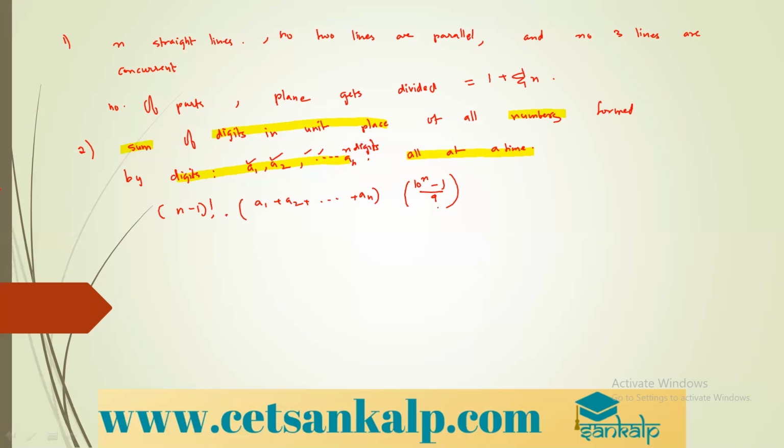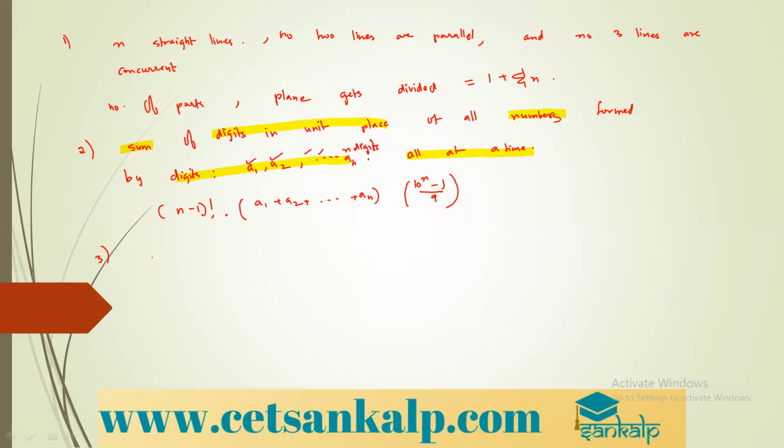This is the shortcut formula. The formula itself is very big. But if you learn this formula by heart, if you are good at all the formulas, you can save a lot of time in your exam.